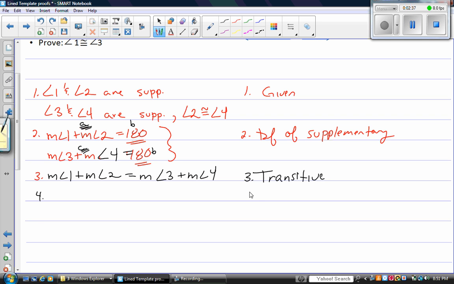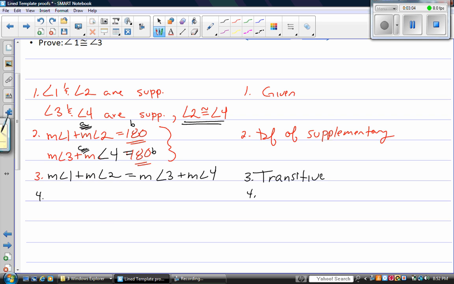From there, the pattern continues, as it usually does when we see two sums equal to 180. We set those two sums equal to one another, and then we try to remove something from both sides. Looking at this, I don't see a symbol that's on both sides. I don't see measure of angle 1 on both sides. I don't see measure of angle 2 on both sides. I don't see measure of angle 3 on both sides. I don't see measure of angle 4 on both sides. So I can't subtract symbols for the mere fact that they're identical on both sides.